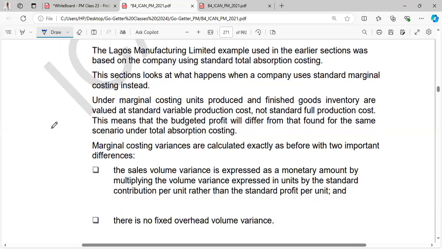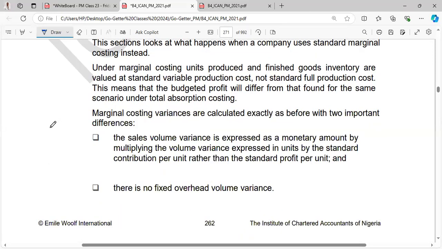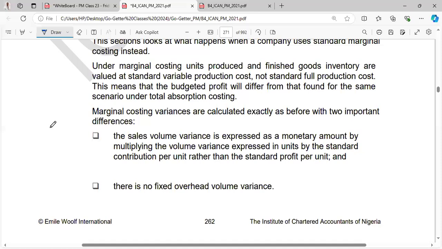It means that your closing stock is valued at variable cost of production. The last time, our closing stock was total cost, which includes fixed costs and it is standard. But this time around, we're not going to be using fixed costs.